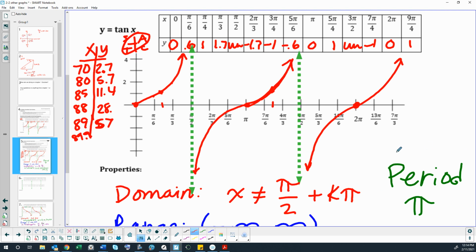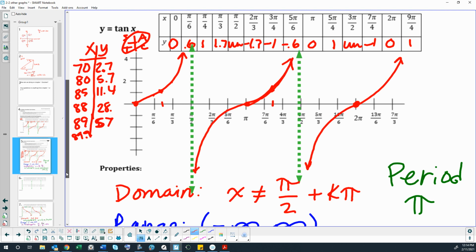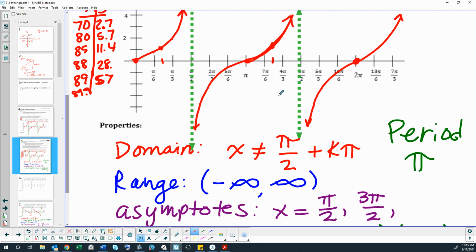Okay, so since the period is pi, the domain, so the period is pi, but the domain, instead of being all real numbers, we have these asymptotes that interrupt our domain at values of pi halves. So pi halves, 3 pi halves, 5 pi halves, 7 pi halves. So one way of indicating that domain is by saying what x can't be instead of what x can be.